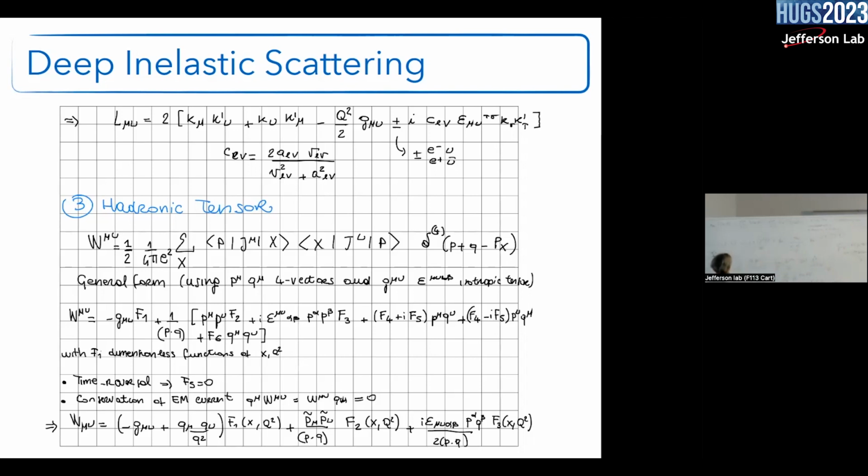So what happens when you impose these things is that your Lorentz structure becomes written as follows. Also because of that, you have to recombine a bit these two coefficients, but okay, you do it. And you get that you can write these unknown things in terms of very precise Lorentz structures, so minus eta mu nu plus q mu q nu divided by q squared, times F1.